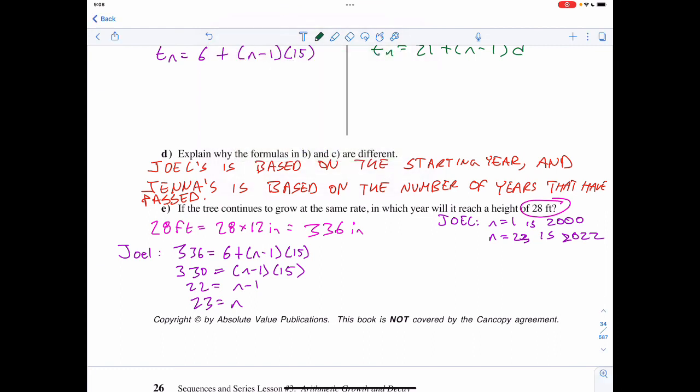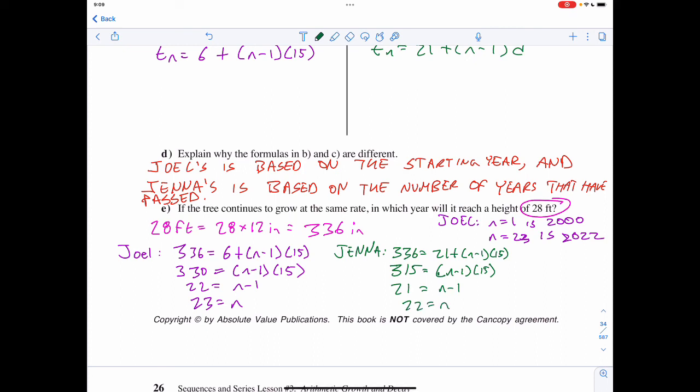If I do the same thing with Jenna's, I'm going to say that 336 is equal to 21 plus n minus 1 times 15, which means that 315 is going to equal n minus 1 times 15. 21 is going to equal n minus 1, and 22 would equal n.